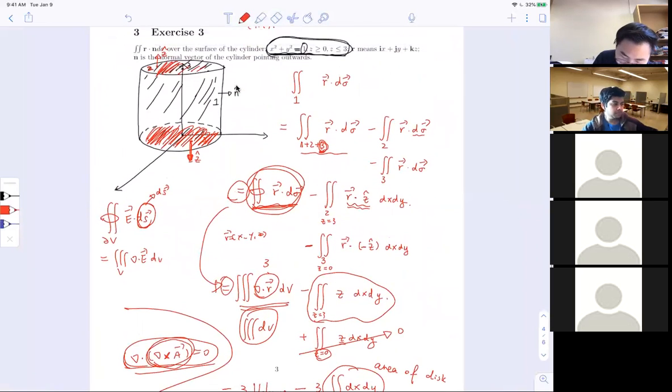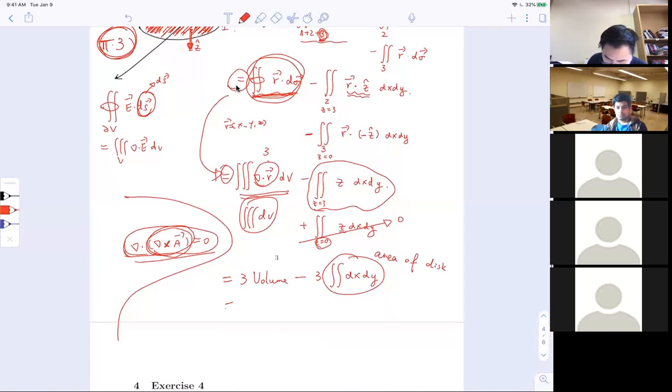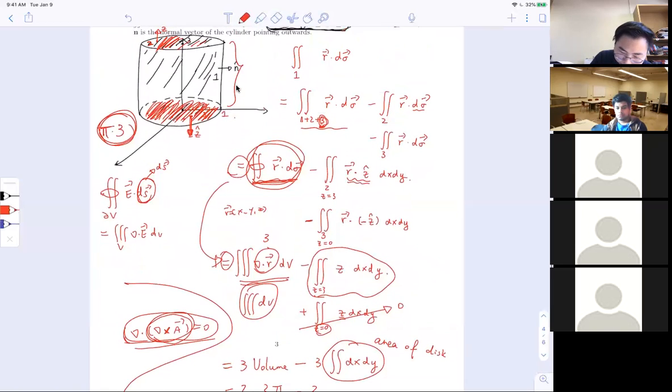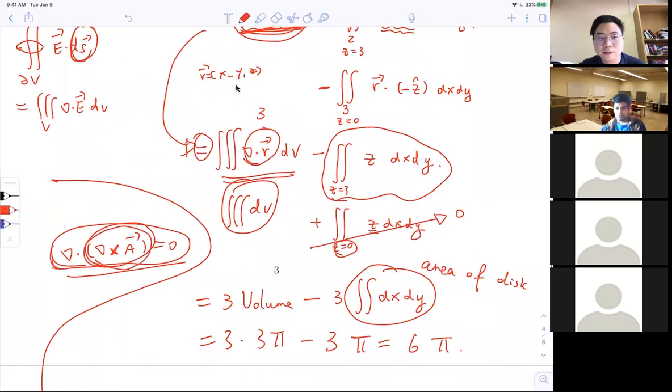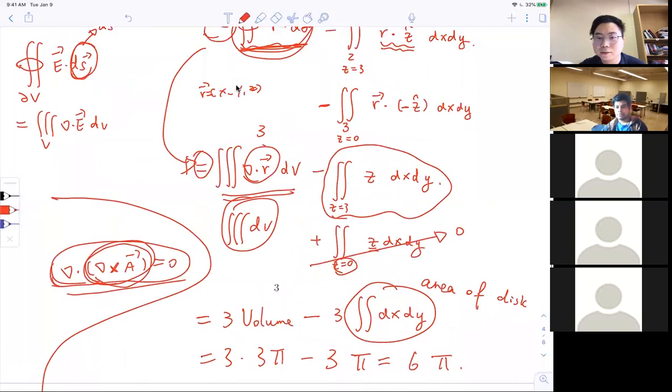The radius is 1, so the area of the disk is pi, and the height is 3. So it's 3 times 3 pi, minus 3 pi, which is 6 pi. Any questions?